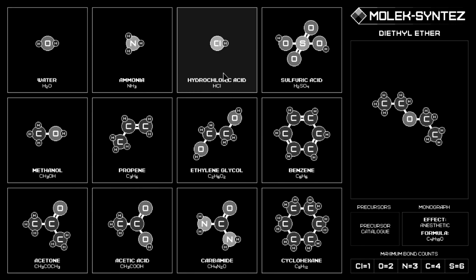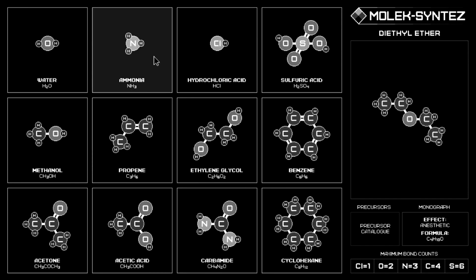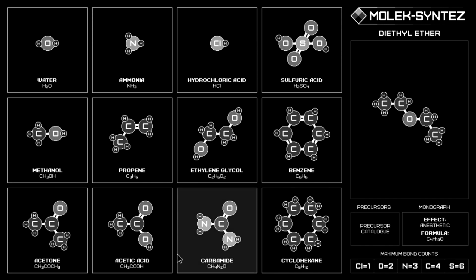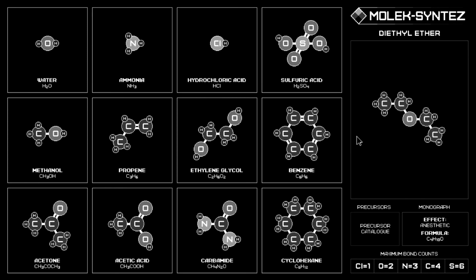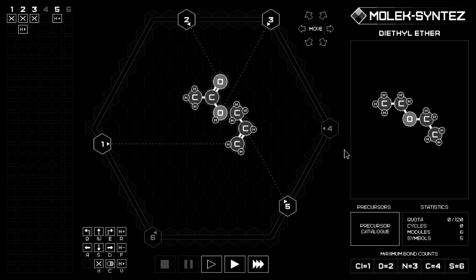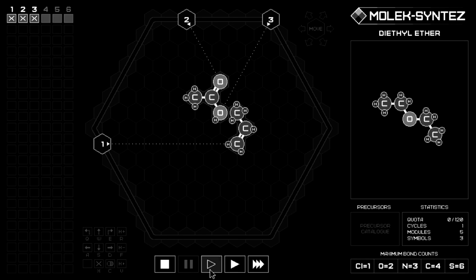I don't know. I need carbon, and that's the only way I'm going to get it, because I don't have any lying around here. I feel like I got the right thing going, but apparently not. What if I get rid of these for a second? Yeah, it's not doing anything. It is not doing anything at all.